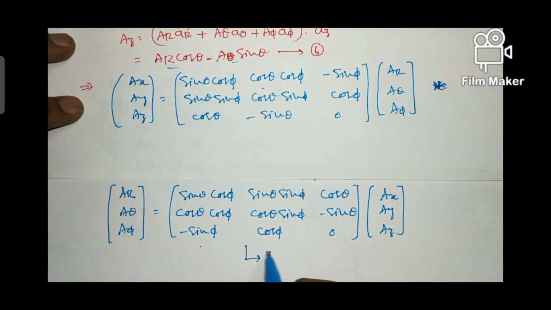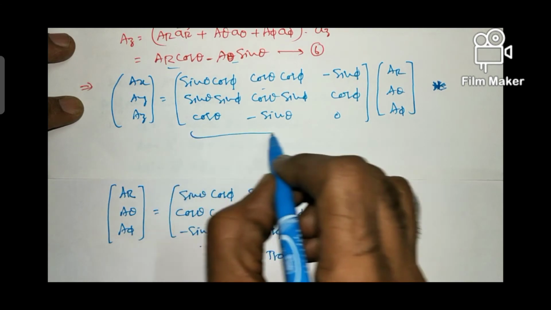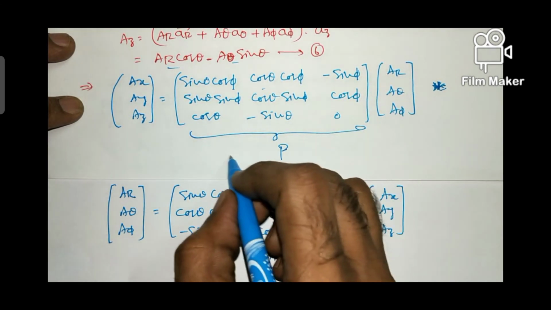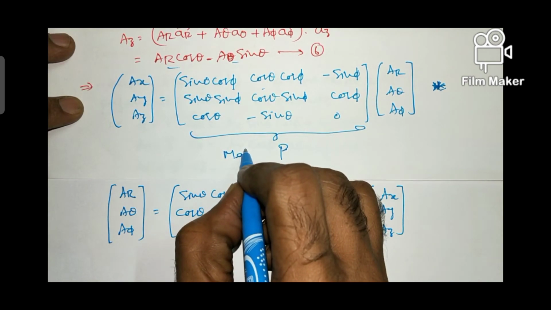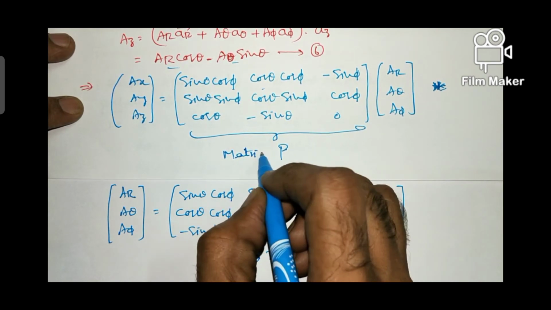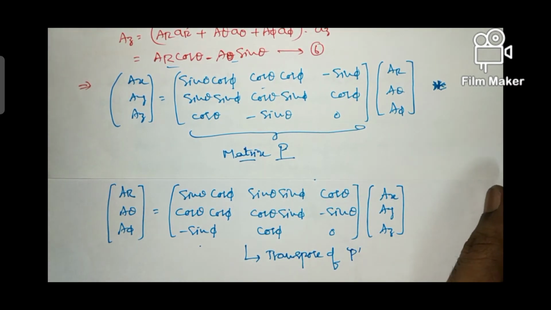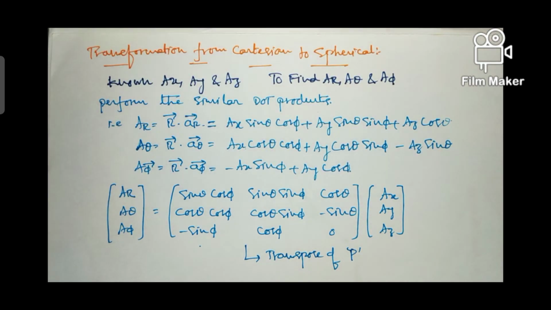So if you remember one matrix or one transformation, the other would be easy for us, because the second one would be simply the transpose of the first one. If it is matrix P from spherical to rectangular, in the converse process we have to consider the transpose of the previous matrix P. So one matrix, if you remember, the other one would be simply the transpose of it.